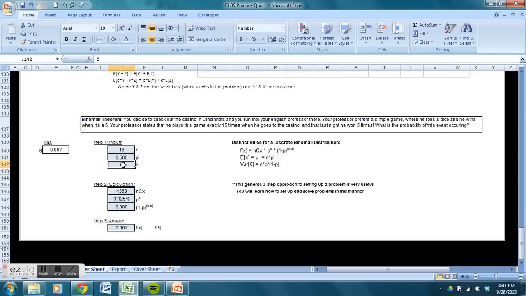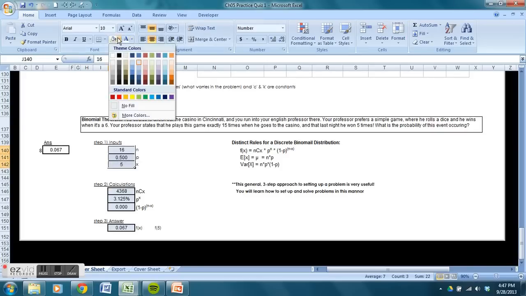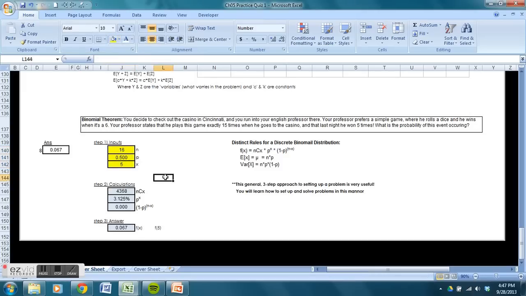And when I have an input section, I like to throw these in yellow to remind me what my inputs are. Now every time I have a problem like this, all I have to do is put in n, p, and x and I get the right answer.